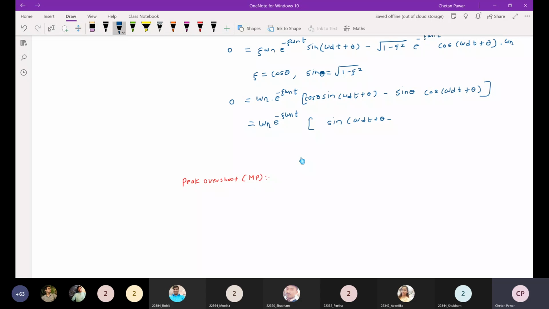Right, sin theta, that will be like sin a minus b, right? So that will be minus theta, so this theta will get cancelled, and then what will you get?